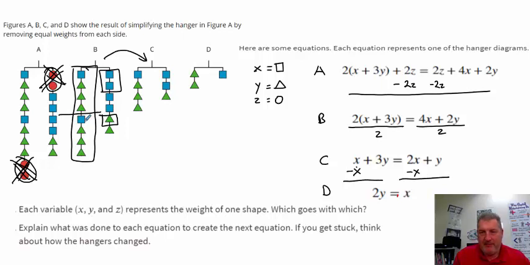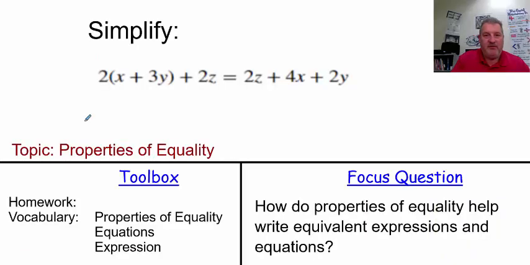But now they have this 3y down to 2y. They must have subtracted a y also. So 3y minus a y is left with 2y, and y minus a y is no y's, right? So now that equation simplified is 2y is equal to x.